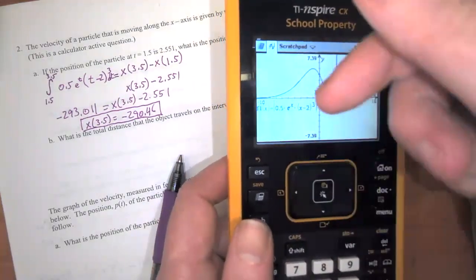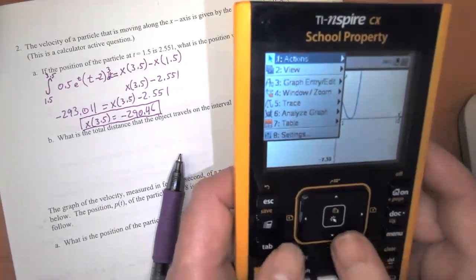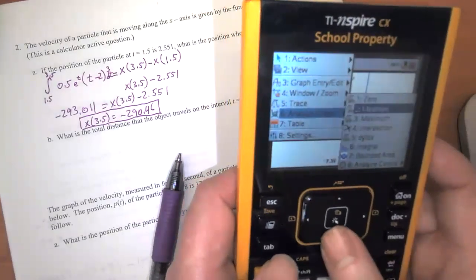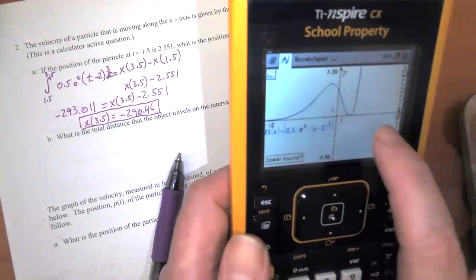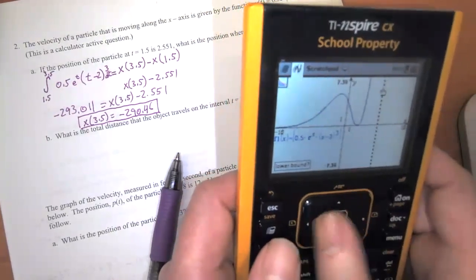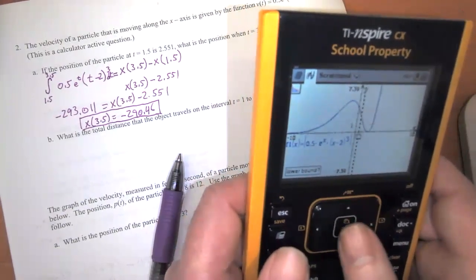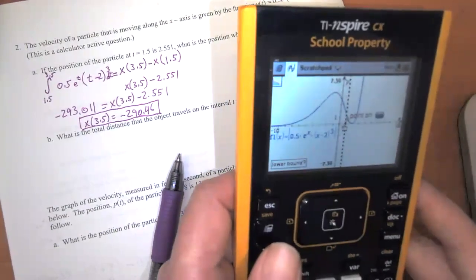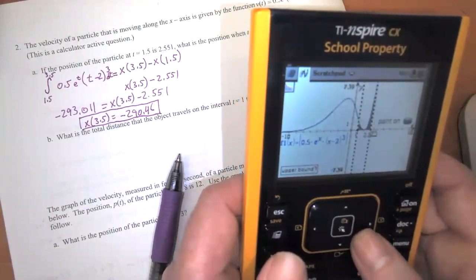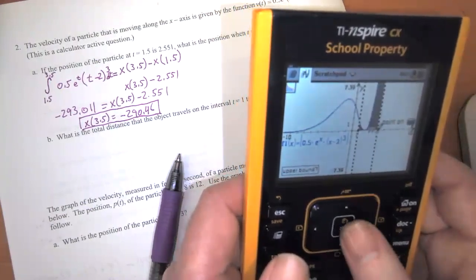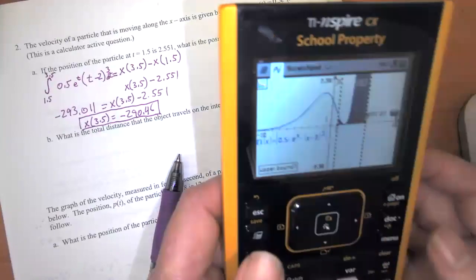It just took the negative parts of the graph and flipped them up to the top of the x-axis. And so now I can calculate this definite integral. All right, and I want to have it start at 1 and go to 5.